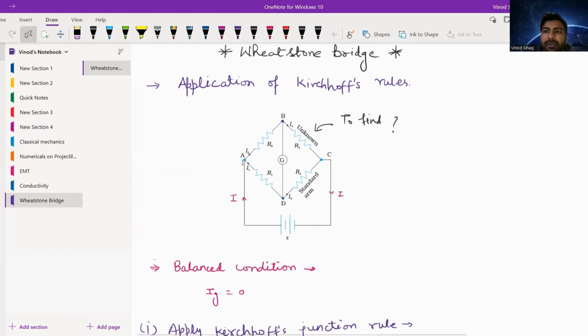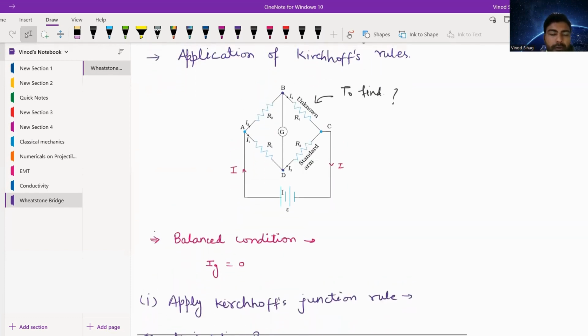Sometimes the students write the loop only ABD. That is not right, because they think that all the points we have taken, so why take A again? We have to take A again, because we are taking the closed loop. So that's why we have to write ABDA.